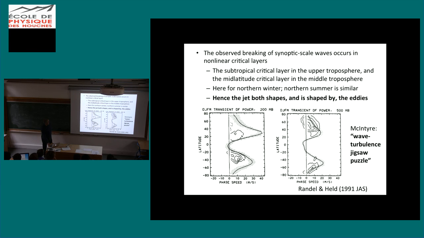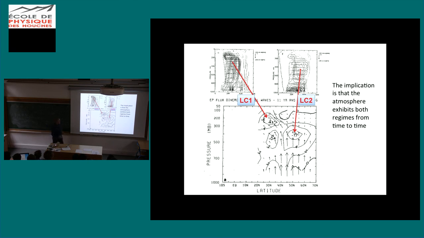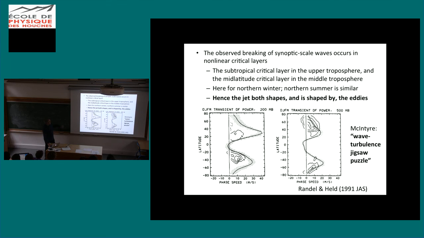If you look at this picture, you think of it as determining the meridional, but of course, it's in the meridional-vertical plane. So I guess if you looked at this kind of picture, you could look at a refractive index and things. They're propagating, they're going to hit a critical layer, but from this barotropic theory, we think of hitting it sideways. But of course, they're hitting it up in the vertical as well.